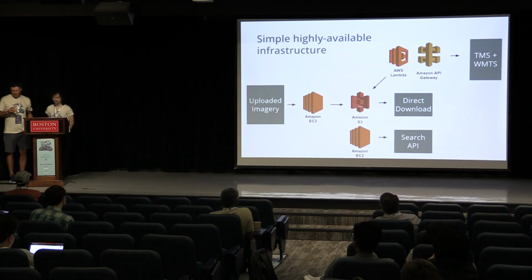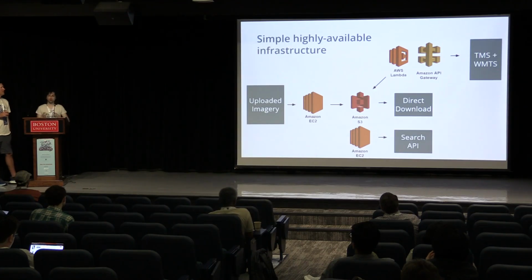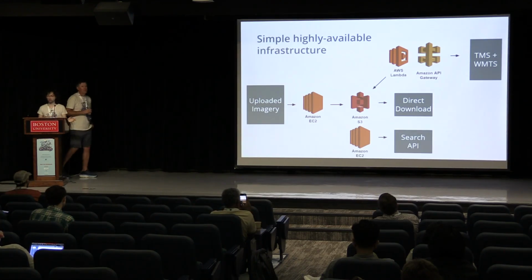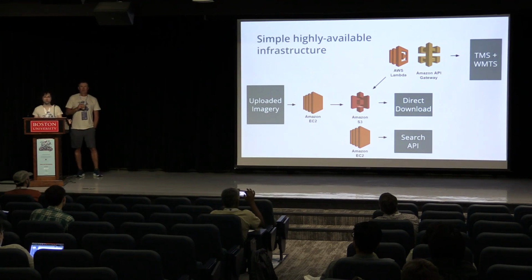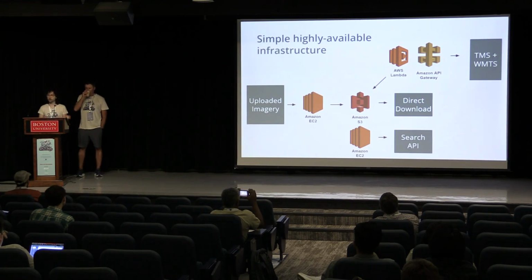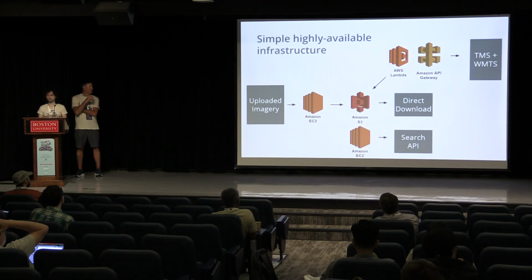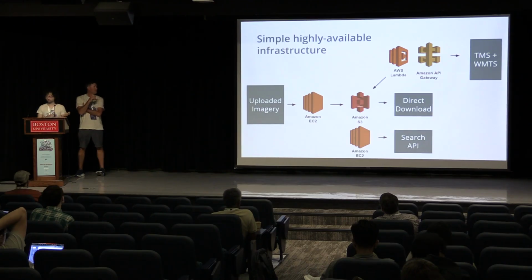All right. This is actually a bit of an older model, but at HOT, we partner with AWS, and so a lot of our tools are hosted on AWS. OpenAreaMap is a fairly simple infrastructure, and we try to make it very efficient for us to be able to host the imagery and to serve it to users. So when imagery is uploaded, we batch process it with EC2 instances, and then it's all stored on S3 at a fairly low cost.